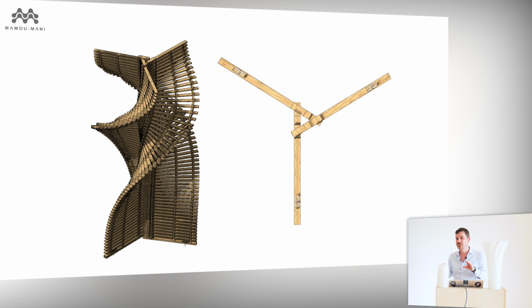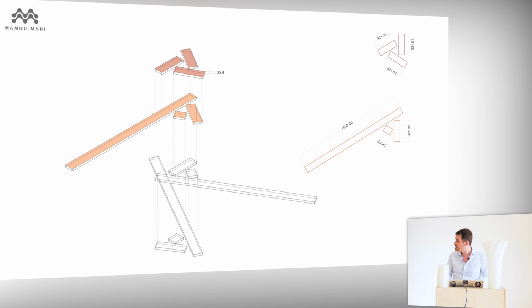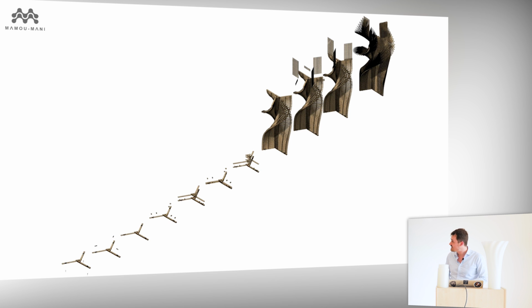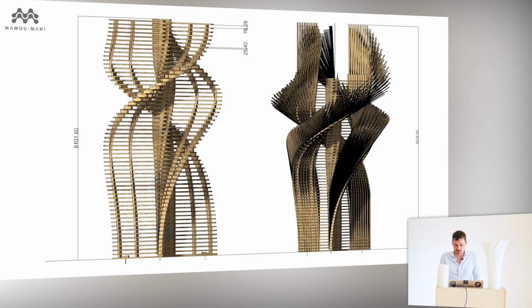It doesn't have to always be digital fabrication with digital design. And that's something I've learned with time. You see the night view using fiber optic cables and the day view, based on these simple pieces that are assembled together. So these are different tests of the tangent and how they will end up.